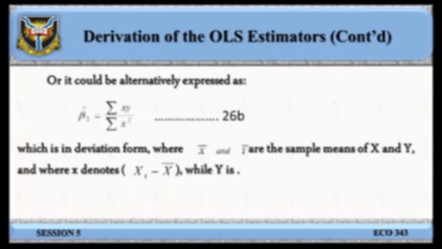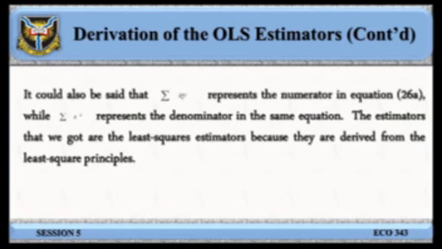Or it could alternatively be expressed as beta 2 estimator is equal to summation xy over summation x squared, equation 26b, which is in deviation form, where x bar and y bar are the sample means of x and y, and where x denotes xi minus x bar, while y is yi minus y bar. It could also be said that summation xy represents the numerator in equation 26a, while summation x squared represents the denominator in the same equation.